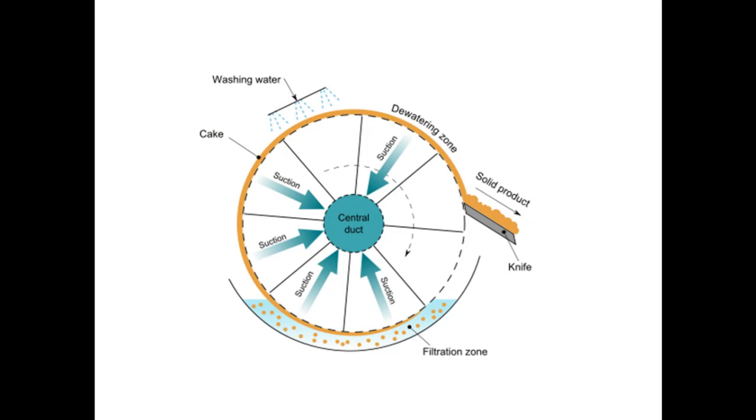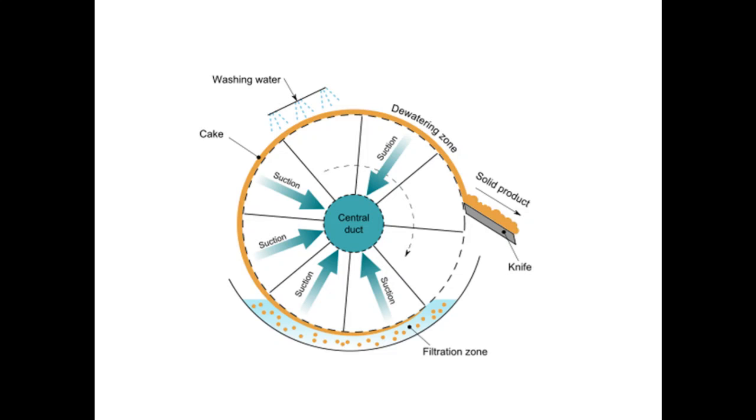So this is a diagrammatic representation of the rotary vacuum filter. We see that a rotary vacuum filter consists of a drum which is rotating in a tub of liquid to be filtered. Liquids with high solid content use this type of filter, and the drum is always pre-coated with a filter aid.